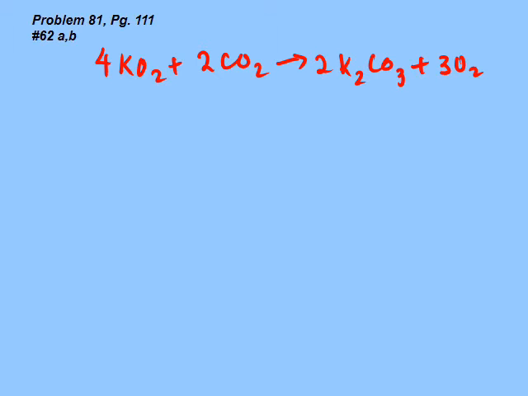In part A, the question is how many moles of oxygen? So let's write down what they're asking for. Moles oxygen. How many moles of oxygen are produced when 0.400 mole of KO2 reacts?